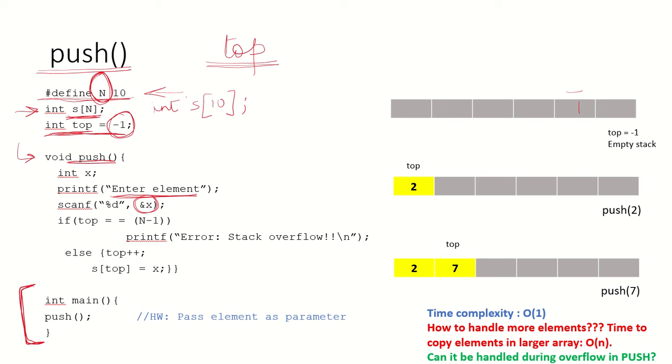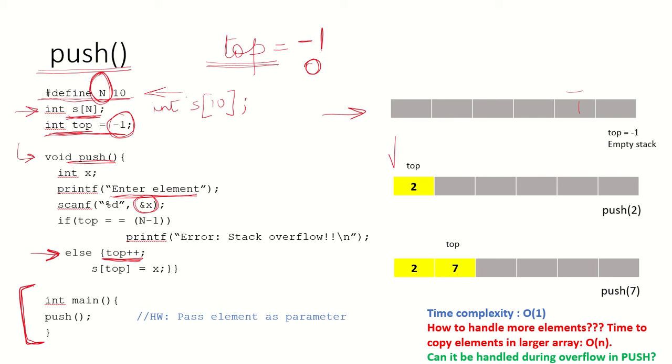However, if the stack is not full, then we come to this statement over here. We increment the top value. So top, we know, is currently -1 in this particular state. When top is -1, if we increment the value of top, it will become 0.